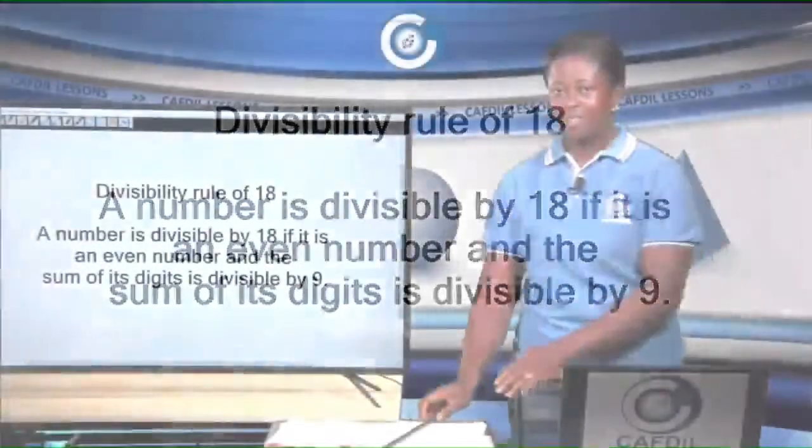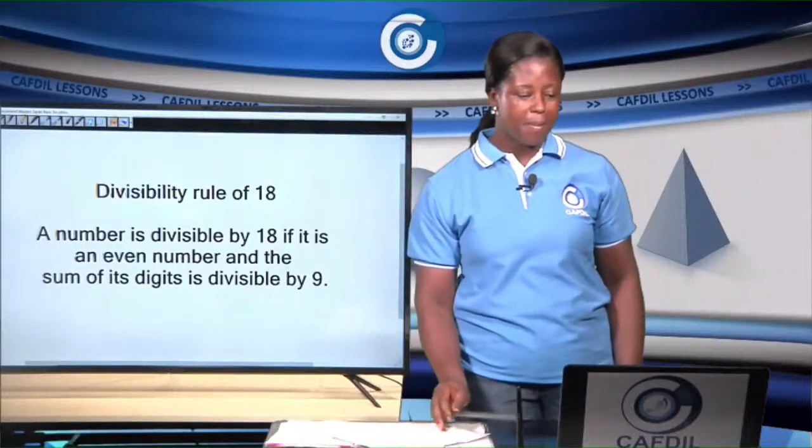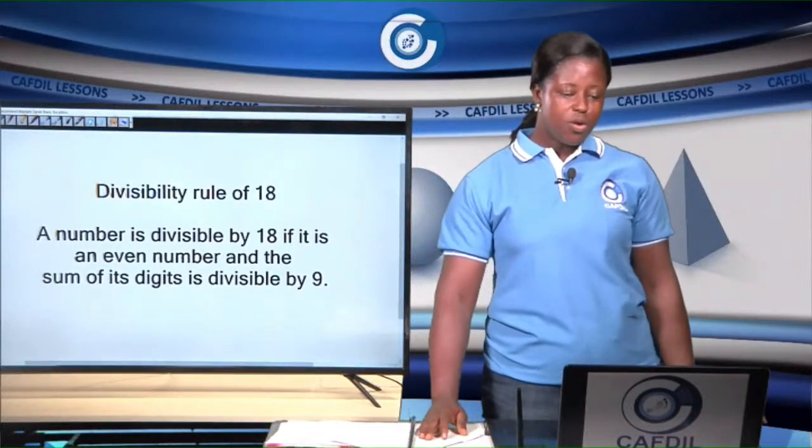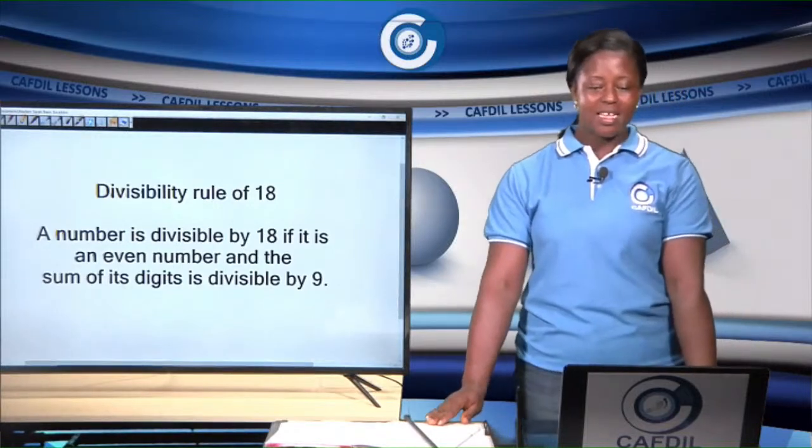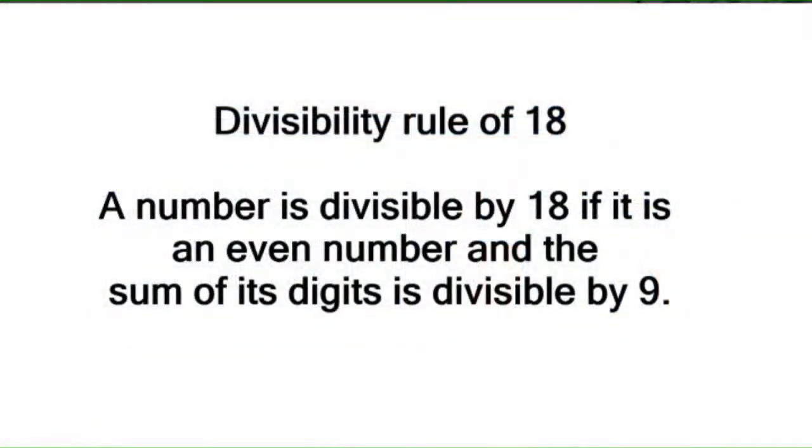Alright, learners, your time is up. Divisibility rule of 18. It says a number is divisible by 18 if it is an even number and the sum of its digits is divisible by 9. I believe you have it in your book.